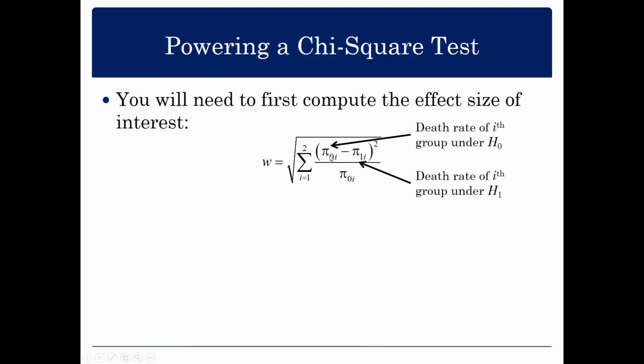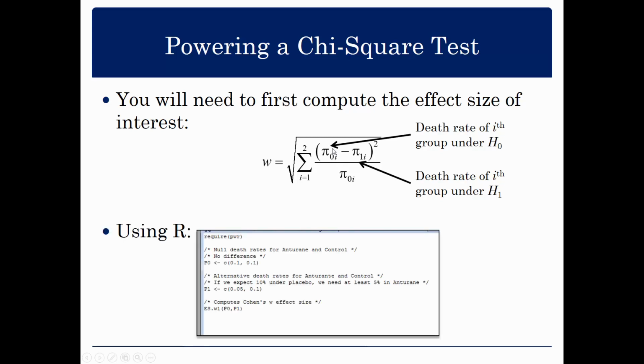So, for instance, I will have to specify under the null hypothesis that they're equivalent, then what I would expect to see would be 10% and 10% in the two groups. Under the alternative, I expect to see 5% and 10%.